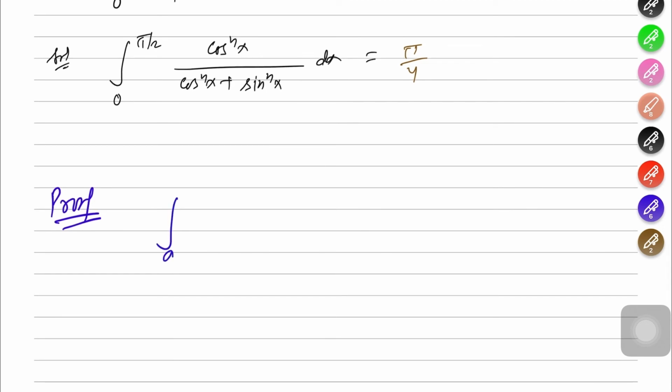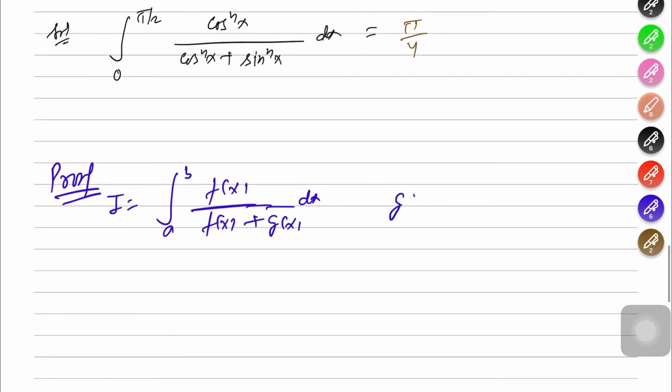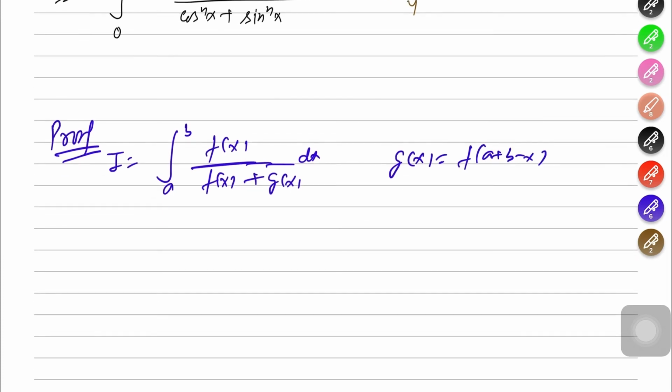So the integral from a to b of f(x) upon f(x) plus g(x) dx, and what is the condition? g(x) should be f of a plus b minus x. Okay, let's use the property. One of the properties of integration says that the integral of f(x) dx from a to b can be written as the integral from a to b of f of a plus b minus x dx.